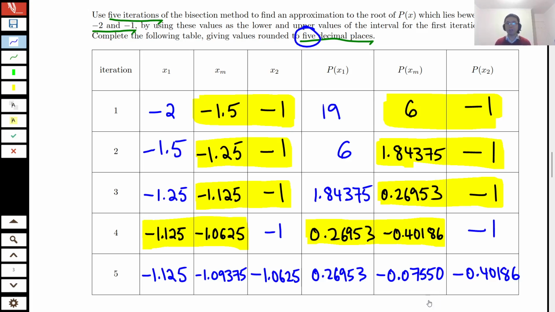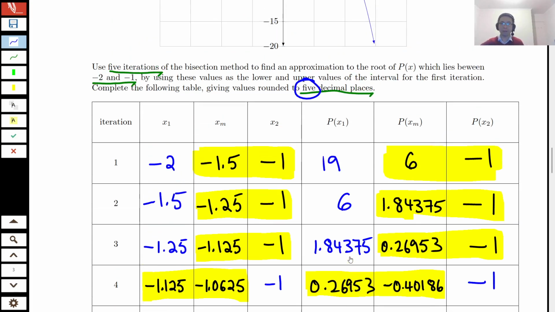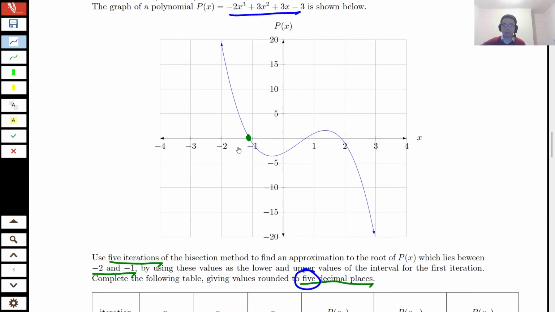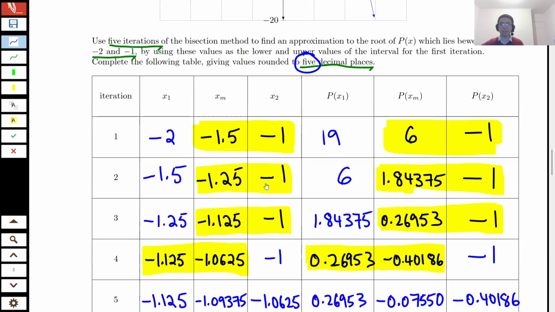And now at this point we stop. And now we've got to ask the question, what is my approximation for the root of p of x? Remember, if we go back to the graph, I expected the root to be between -1 and -2, probably closer to -1. Is that what we're seeing?